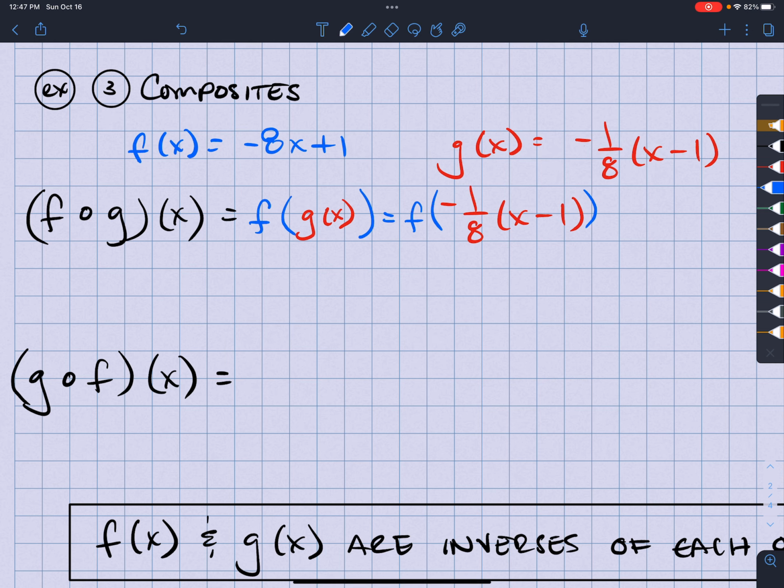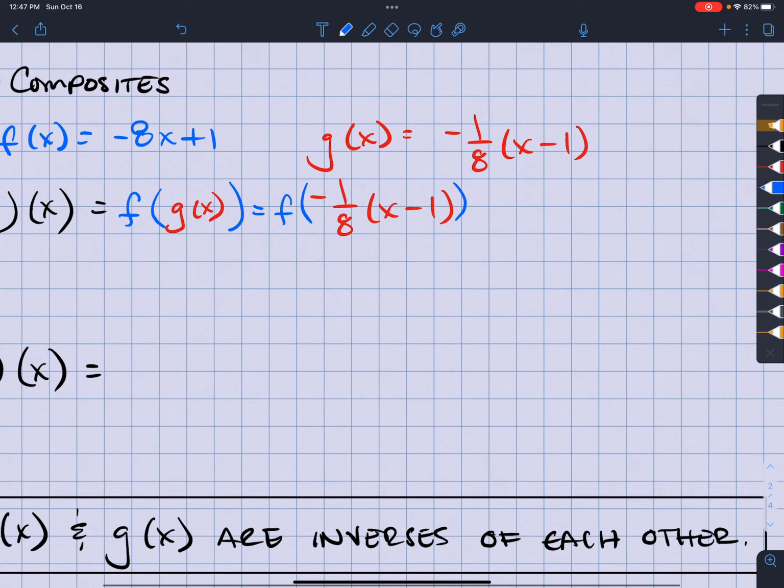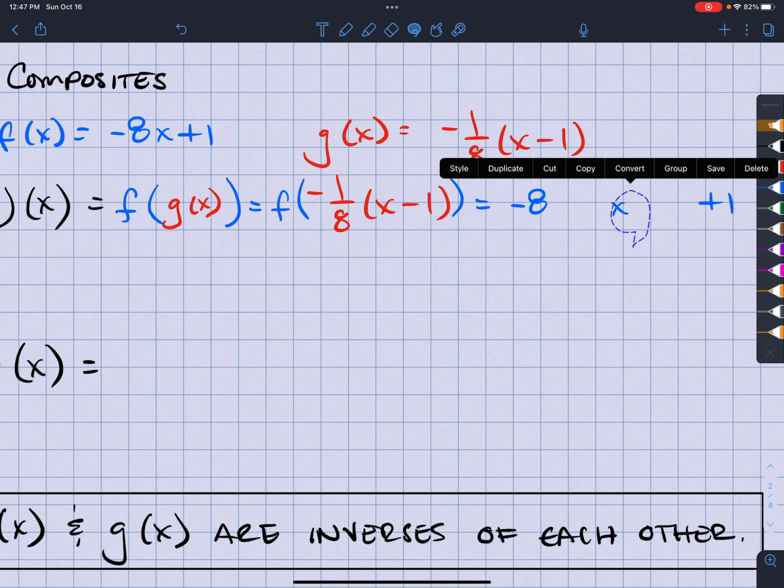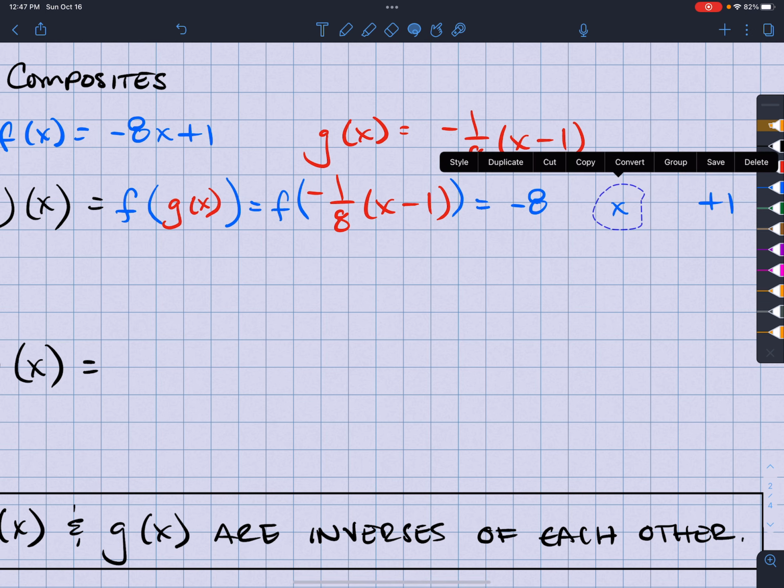That means whatever the f function is, right? I have to replace the x. I got to replace the x. Okay.